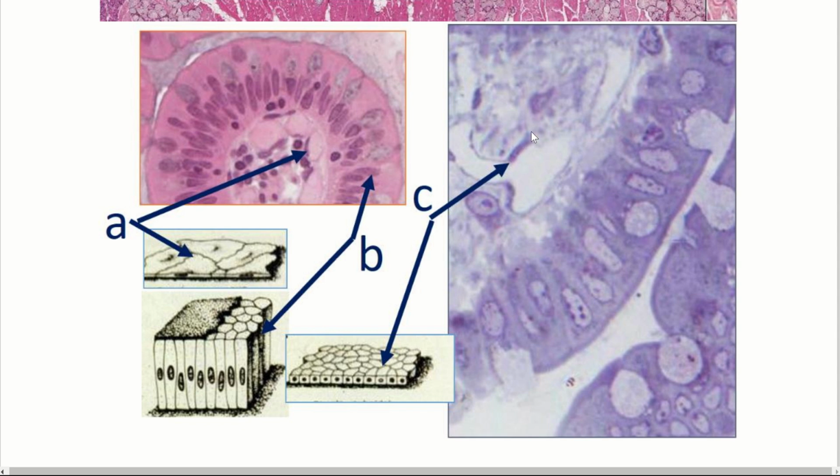So the cells lining that would again be simple squamous, because we want these cells to be really flat so that nutrients and oxygen can diffuse between them. We would not want them to be simple cuboidal. This is not a simple cuboidal type of epithelium, so these two actually do not match. Hopefully that helps you think of what the question's asking: we've got two that match and one that does not.